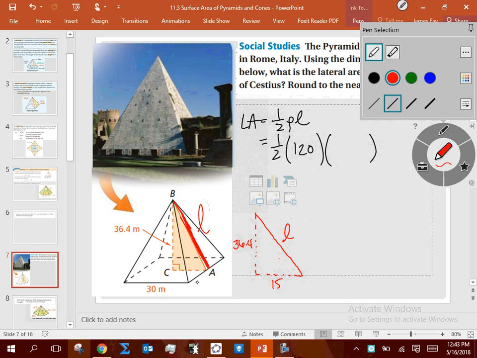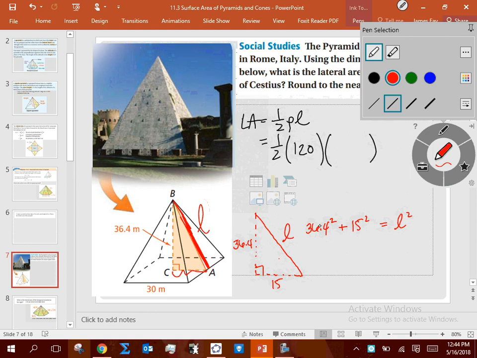So this distance here from C to A, that's the apothem of your square. Which we don't deal with a whole lot, but the apothem of a square is always half the side length. So side length is 30, so the apothem is 15. Now, that is a right triangle in there, correct? I should be able to take 36.4 squared plus 15 squared. That's going to equal L squared, right?